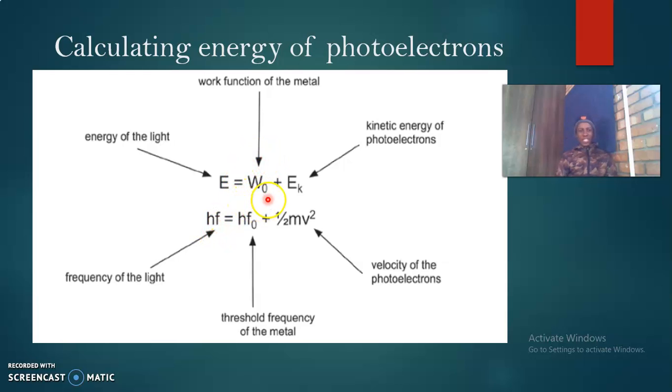Then the work function equals Planck's constant multiplied by the threshold frequency. Then plus the kinetic energy, which equals half m v squared. Here m is the mass of an electron, which is on the formula sheet.